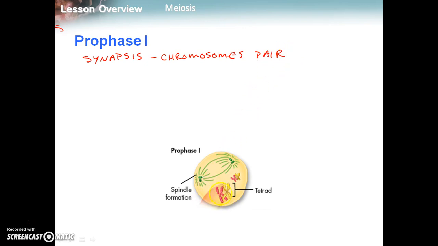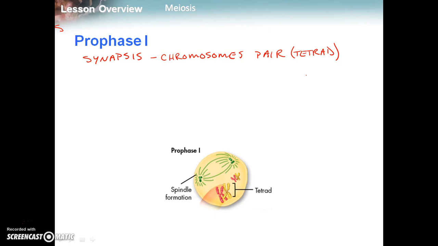We've got our chromosome from mom, our chromosome from dad, and they pair up. This is called synapsis. When they pair up, that pair is called a tetrad. And that tetrad is going to contain all 4 chromatids.